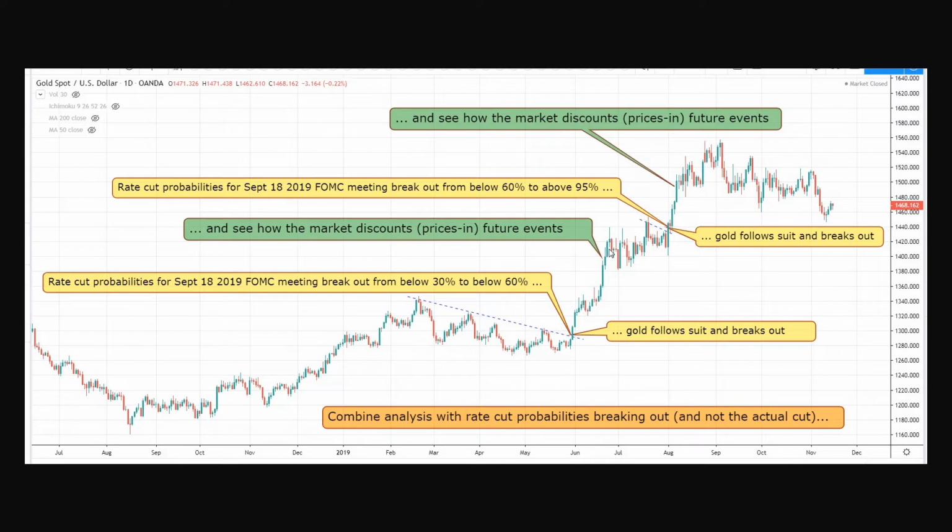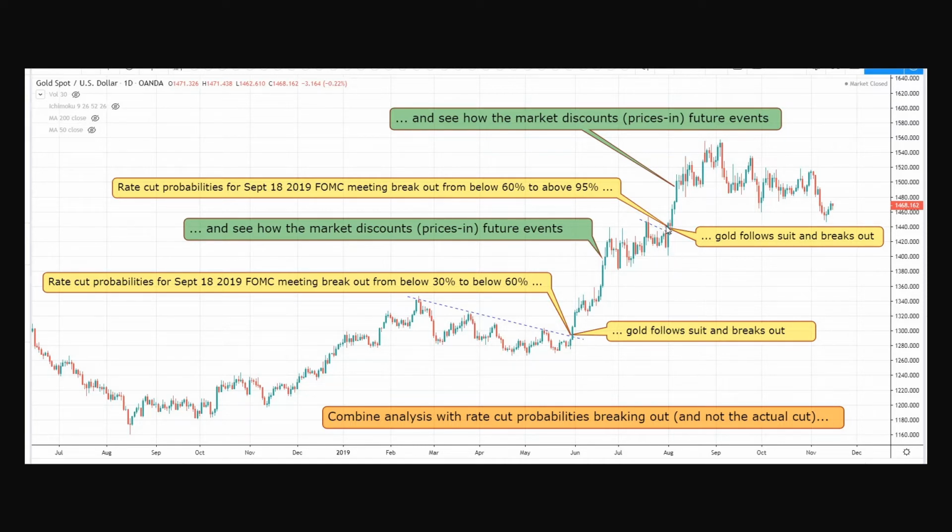Because the rate cut, when it happens, we've already been moving sideways for many weeks. It took this period here to fully price in that probability of that cut increasing. We're not even at the cut yet. We went to 60%, right? Sideways move. When the rate cut probabilities increased again from 60 to 95 and broke out, the price of gold broke out at the same time.